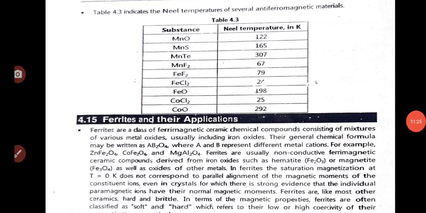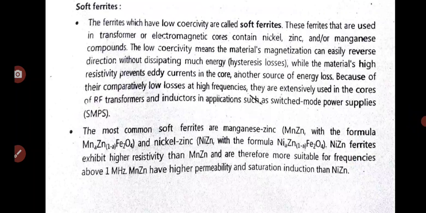In terms of ferrites, the magnetic properties matter. Ferrites are often classified into two main types, soft and hard ferrites, which refer to their low or high coercivity value. The first type is the soft ferrites, which have low coercivity.